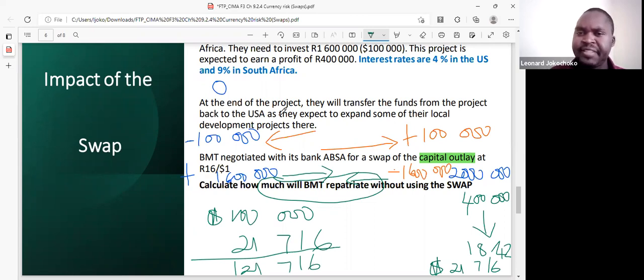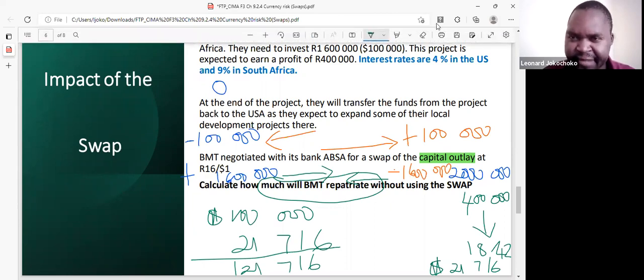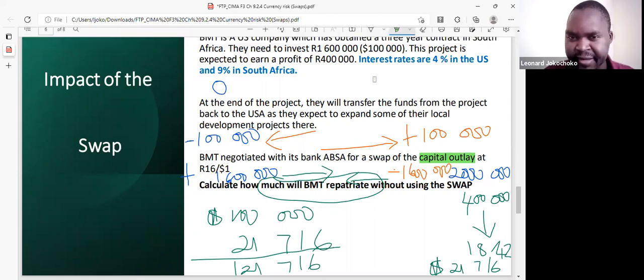Now, let's evaluate the impact of these elements if they do use the swap and if they don't use the swap. We know that without using the swap, they received a much lesser amount. I copied that on the previous slide, but I can just summarize it here.